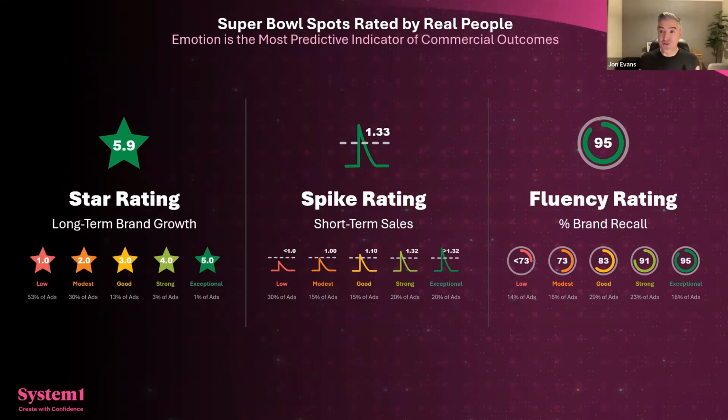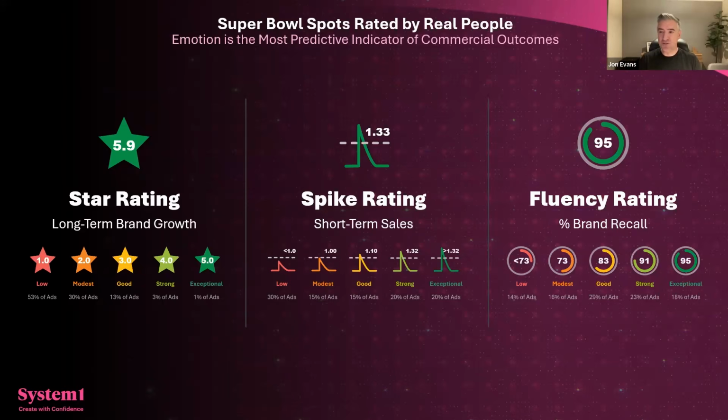As everyone knows, you need to deliver in the short term as well as the long term, and therefore spike rating predicts short-term success. And importantly, fluency: who can remember your brand? We're going to come onto this later because fluency is particularly important in the Super Bowl because there are so many advertisers all competing for your attention. Are you the one that stands out? Those three measures together are what we bring together for the Super Bowl.